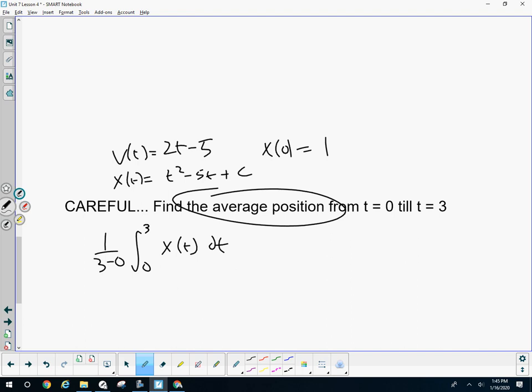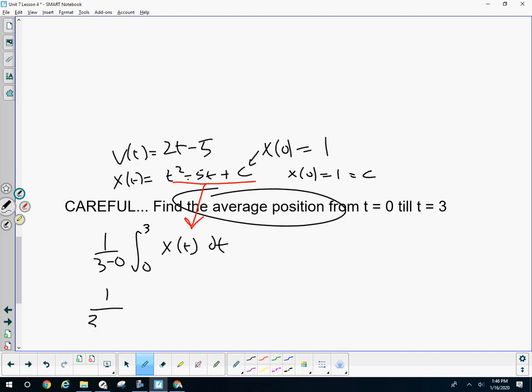A lot of times when we're using integrals, we know that the c will get crossed out. This is not one of those times. I need the entire position function here. I need to first find c using the initial condition. I find that c is 1.